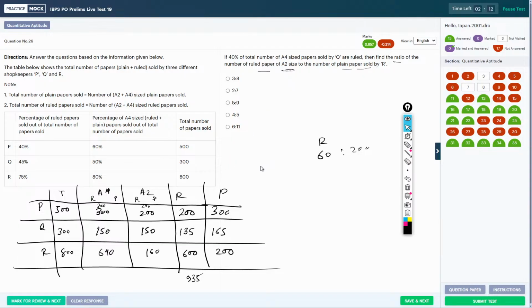Okay, ruled paper of A2 size. A4 is 60, total ruled, so 140. So 140.